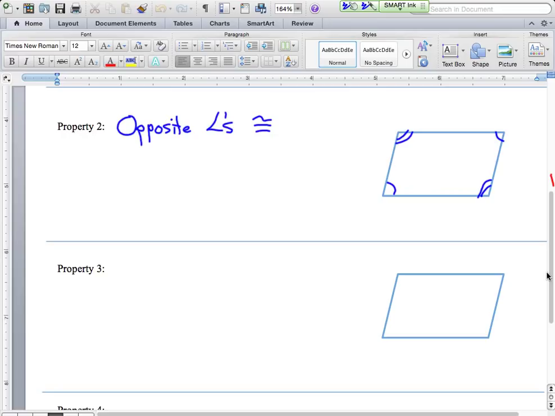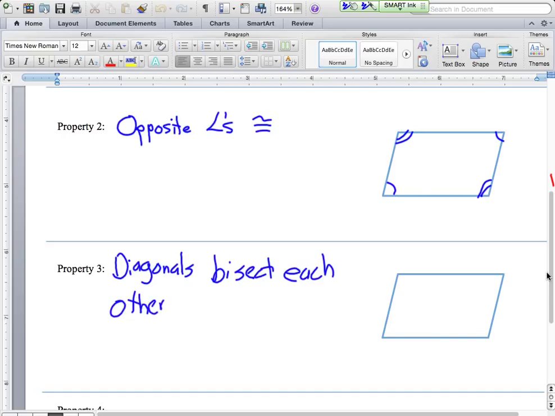Okay, and another property, the third property, is that the diagonals bisect each other. Okay, so first we need to remember what bisect means.